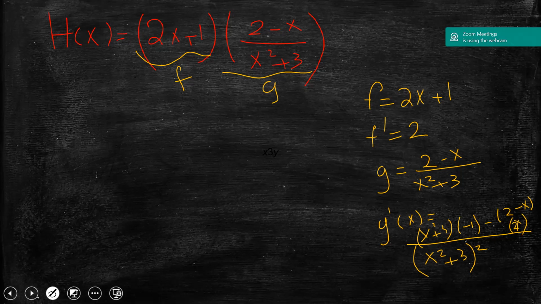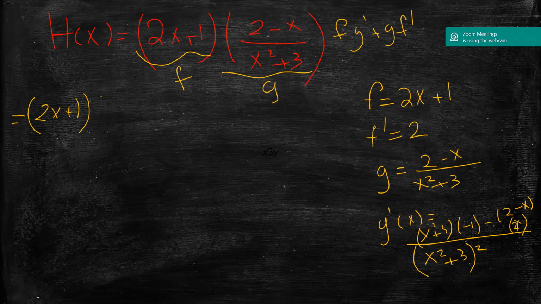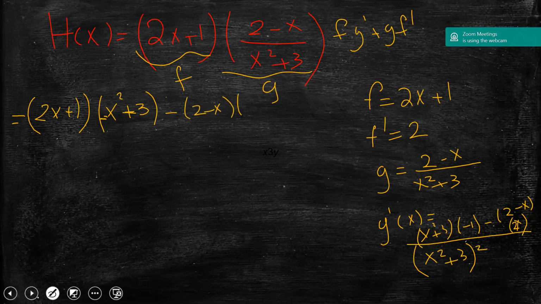Then after that, here we said f times g is f g prime plus g f prime. f is 2x plus 1, times g prime, that we wrote here, which is x squared plus 3 times negative 1, or you can say negative x squared minus 3, minus 2 minus x times 2x, over x squared plus 3 squared.